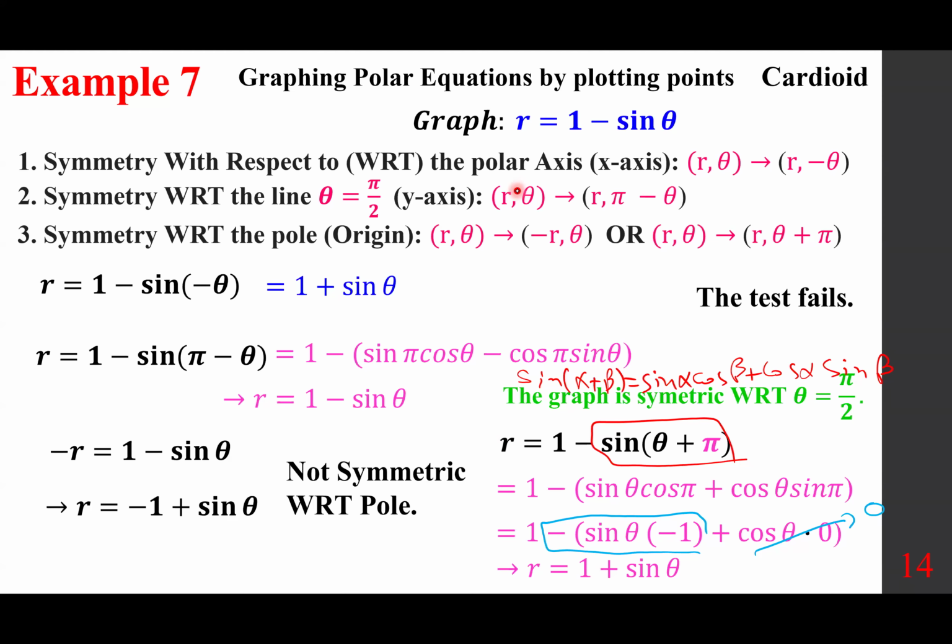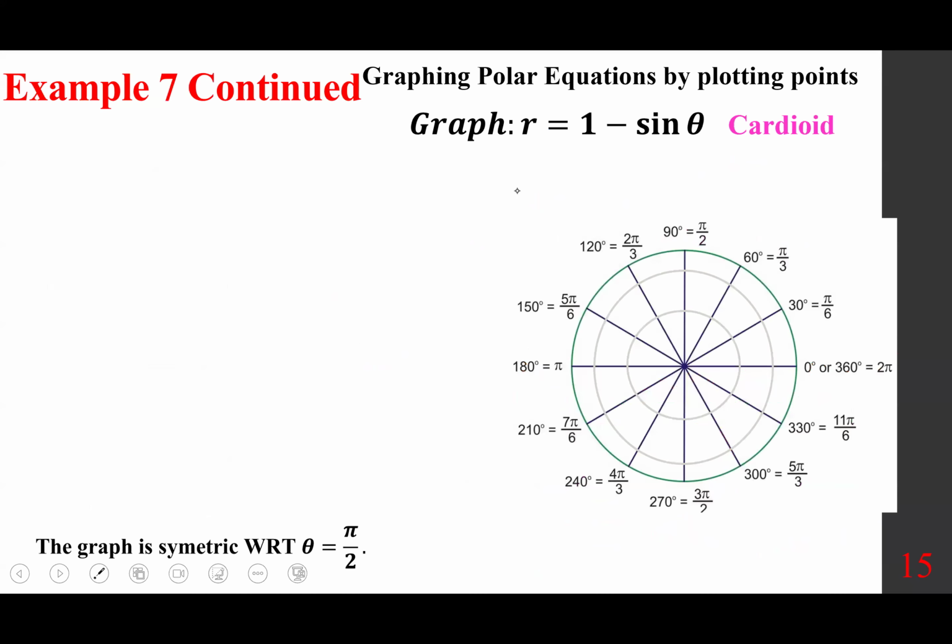I'm going to continue graphing. And I'm reminding you the graph is symmetric with respect to theta equals pi over 2, which means if you graph this half, then the other half is easy to see from the symmetry.